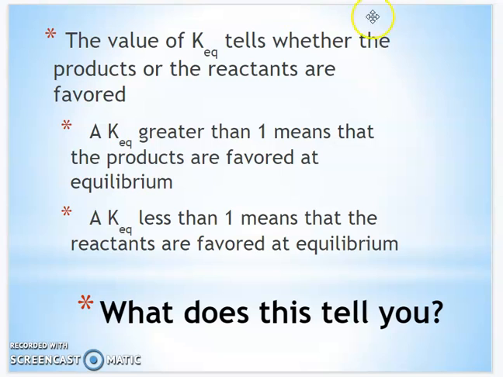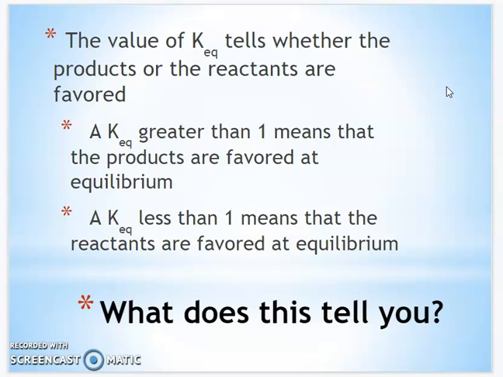What does KEQ tell us? Why do we care? Well, the value is going to tell us whether the reactants or the products are favored in any particular equation. What that means is if you have a really big KEQ, a KEQ that's greater than 1, that means that the reaction is favoring the products, meaning that the forward reaction is easier and therefore a lot of product is going to form.